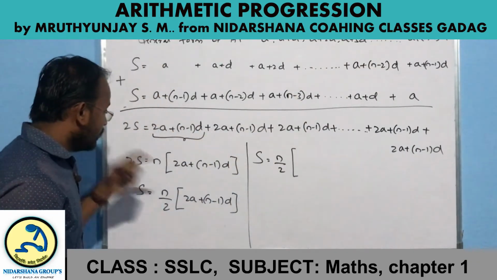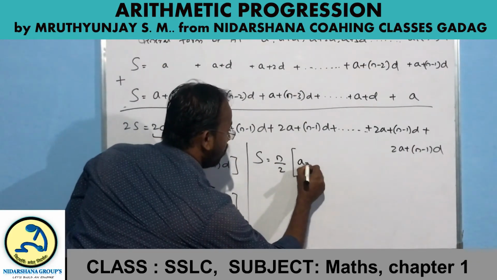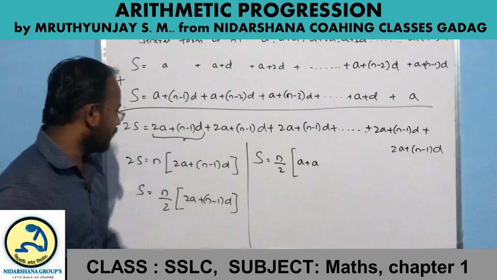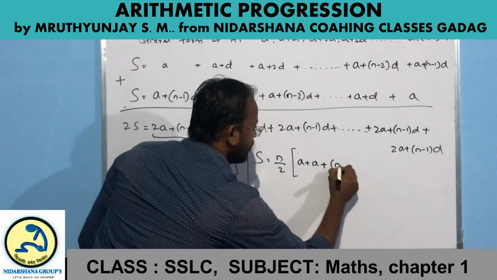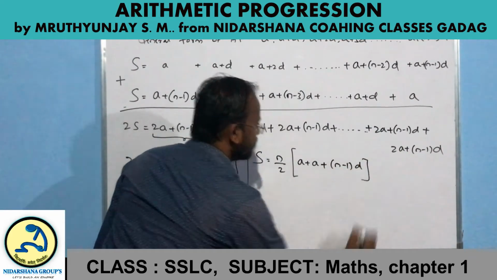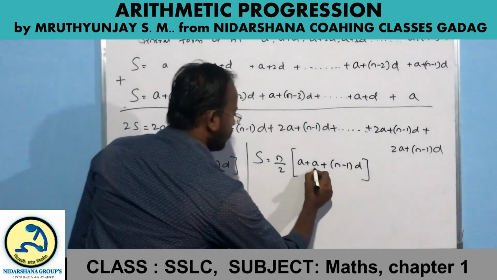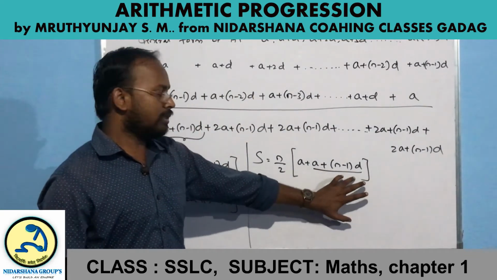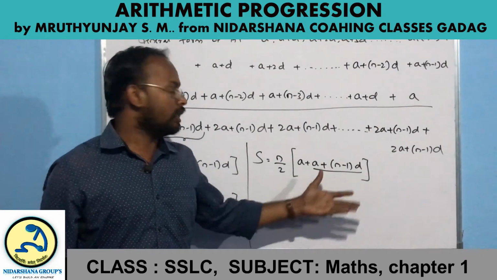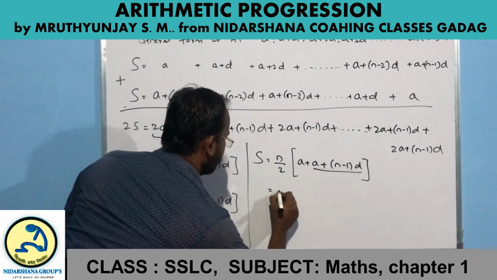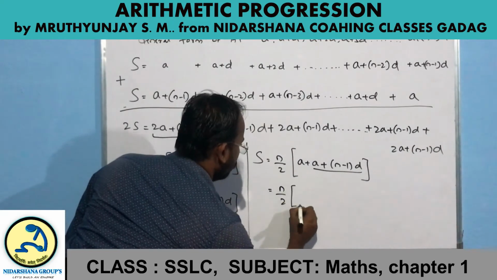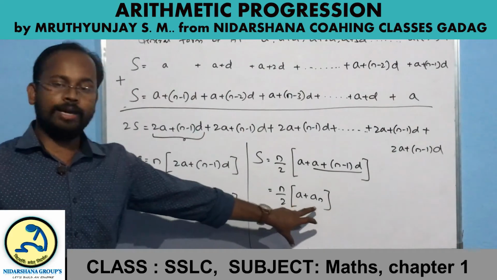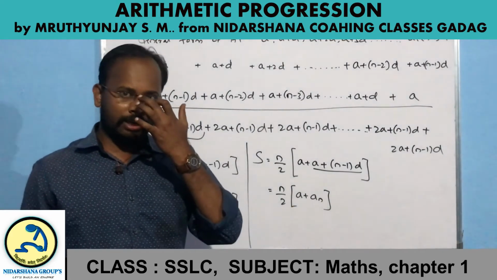So better I will write this 2a as a plus a, and I will keep this n minus 1 into d as it is. Now it becomes the nth term of the arithmetic progression, so instead of this term we can write the nth term. I will write it like this: n divided by 2 into a plus an. Here an is the nth term of the arithmetic progression.